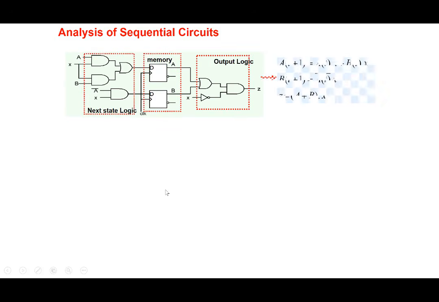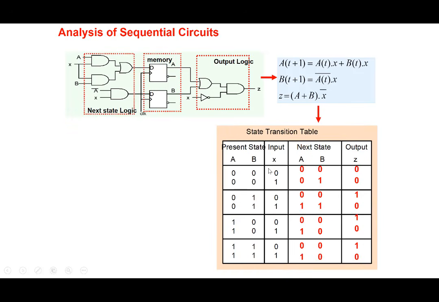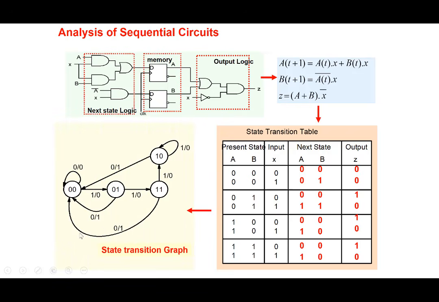Using this particular approach, you can practice and show that the state transition table can be mapped onto this particular graph. All the states are here: the 0, 0 state, 0, 1 state, 1, 0 state, and 1, 1 state. All the information in the table is mapped onto this graph.